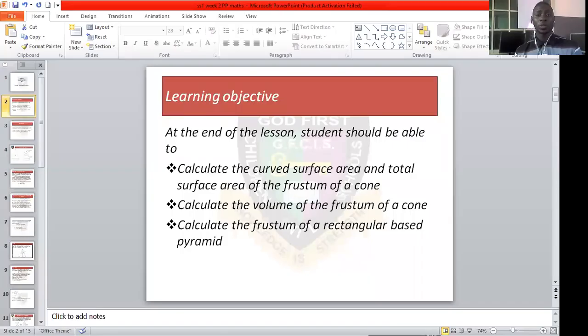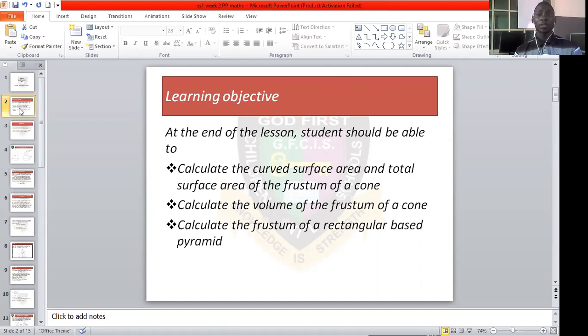Before we go into the topic proper, I would like to give you the learning objectives of this topic, what we are looking to achieve at the end of the lesson. Students should be able to calculate the curved surface area and total surface area of the frustum of a cone.